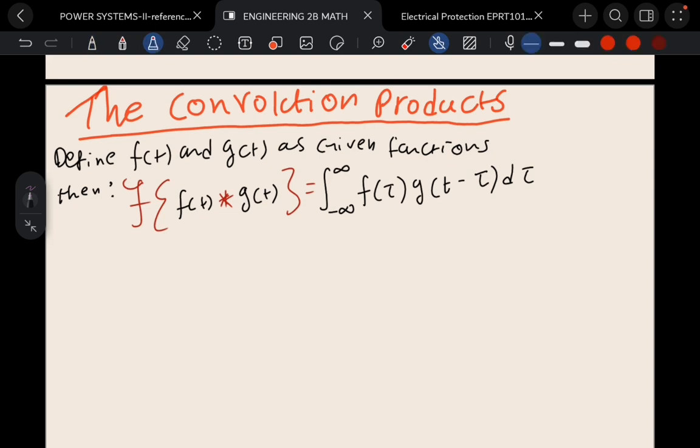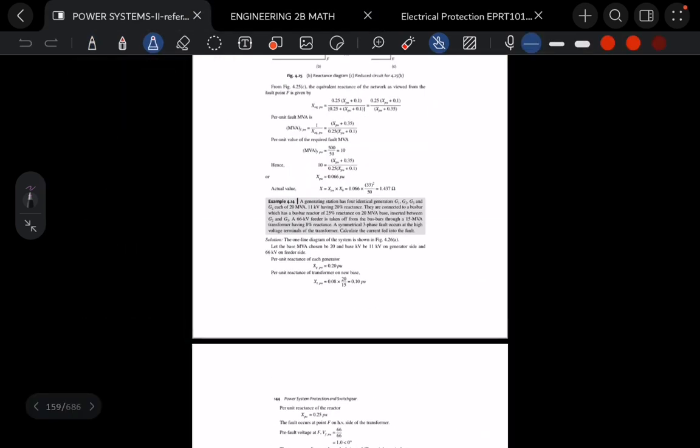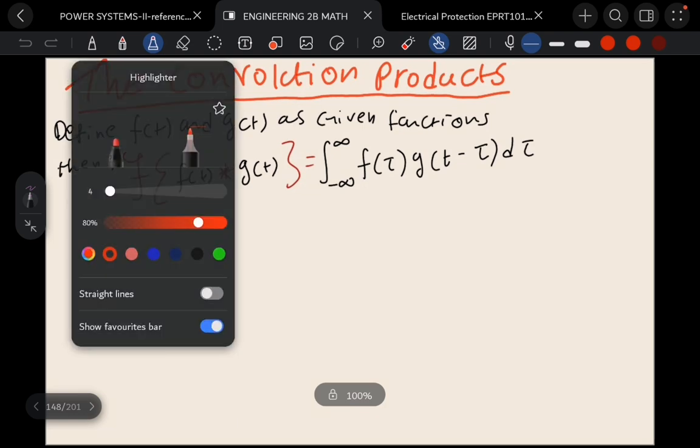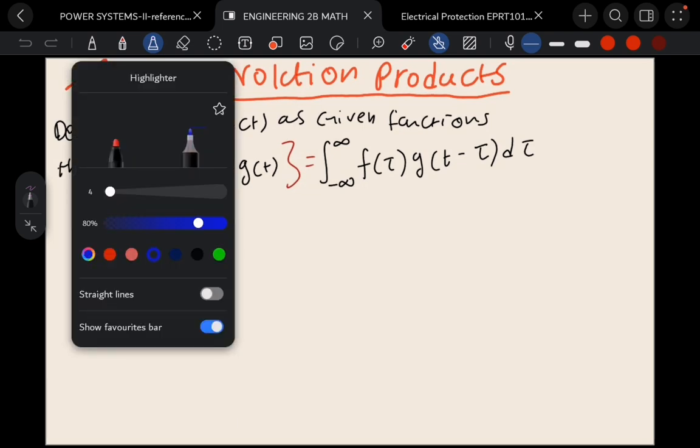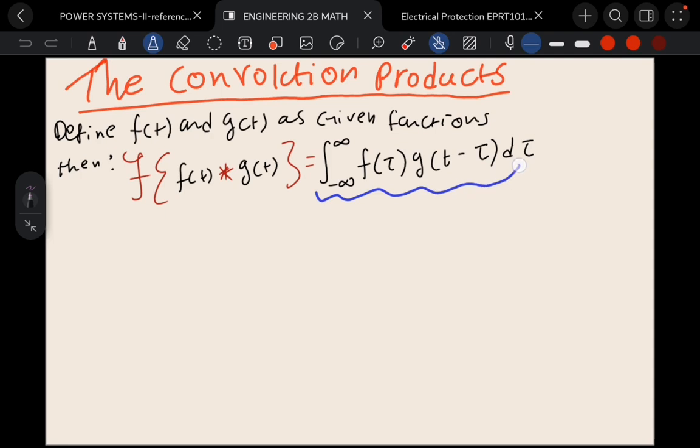This thing here, what you see here, it is your third function, right?